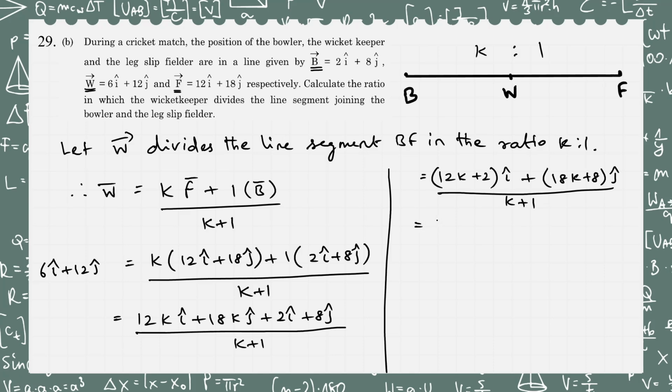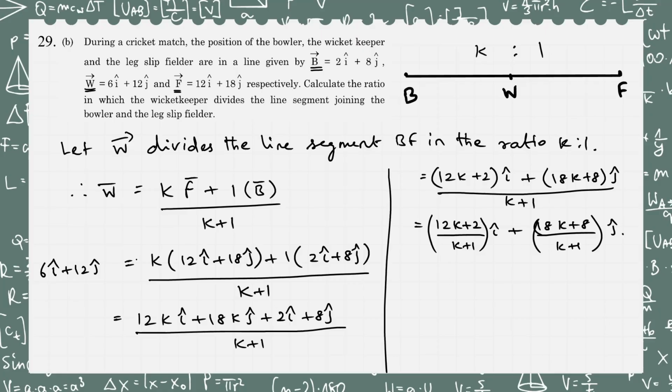So we can write this as (12k plus 2) by (k plus 1) vector i plus (18k plus 8) divided by (k plus 1) vector j.